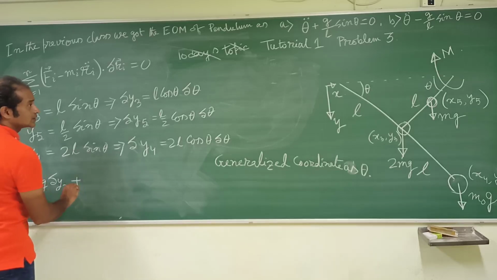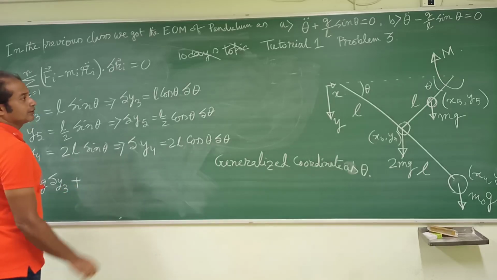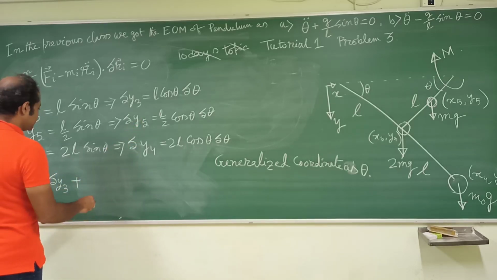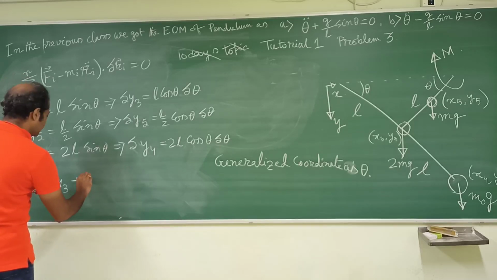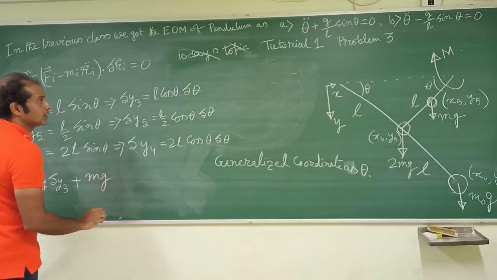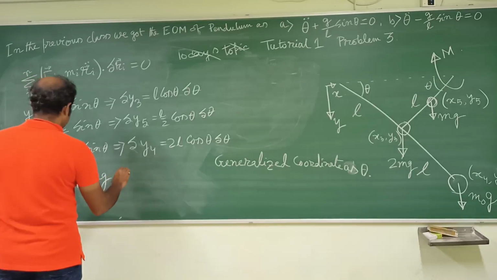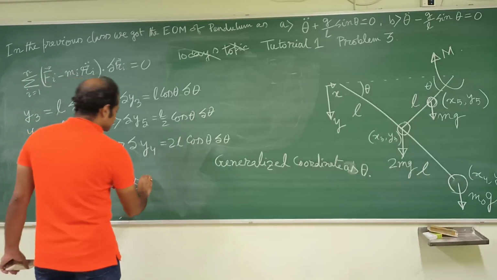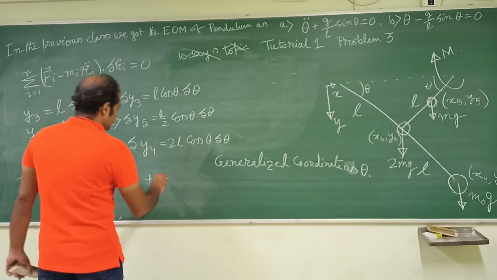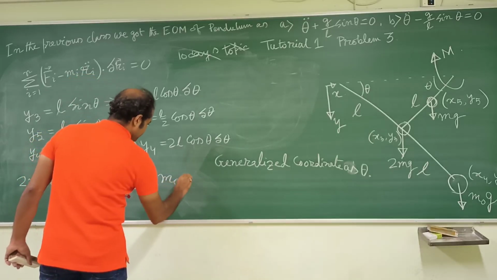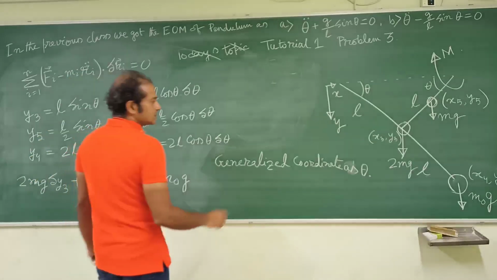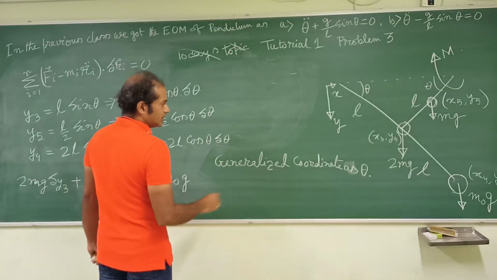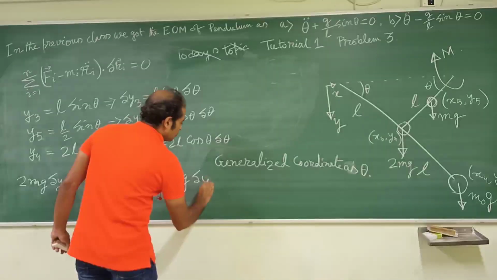Plus the work done by that mg is equal to mg times del y5, plus m0 g times del y4.